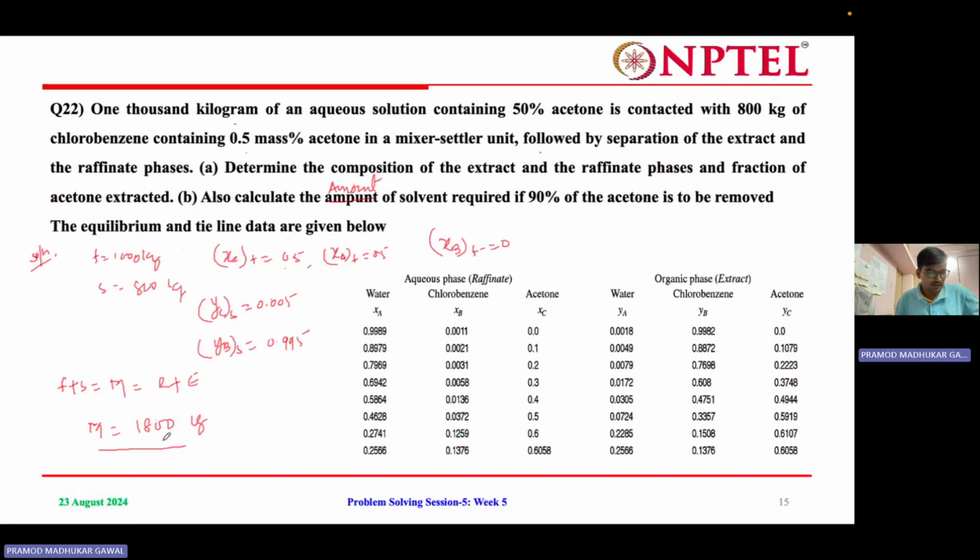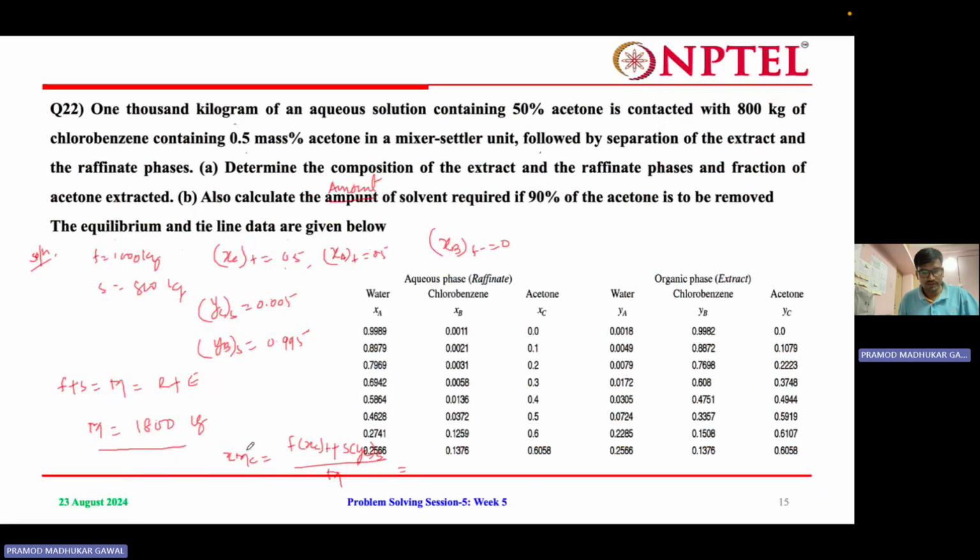Now we have to calculate the composition at mixing. So to calculate this, xmc is equal to the feed times xcf plus solvent times yc, right, divided by m.